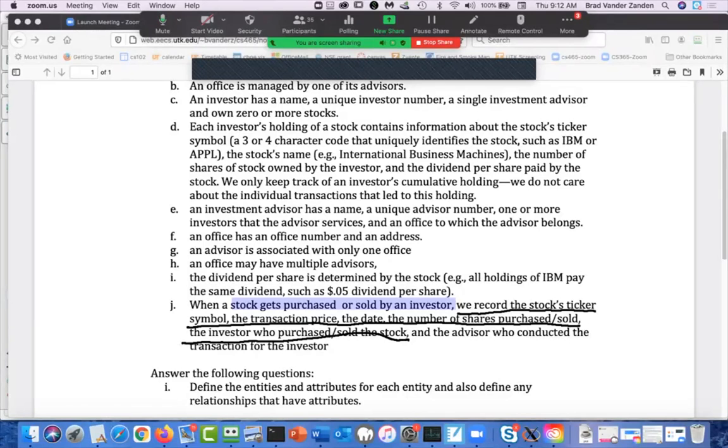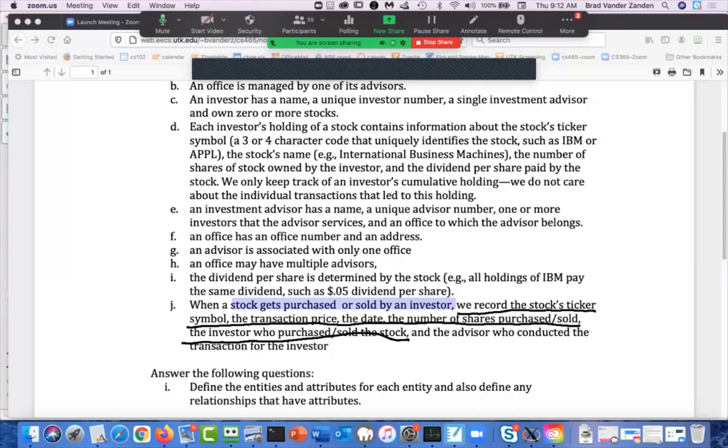So the stock's ticker symbol and the investor who purchased or sold the stock are essentially foreign keys. The transaction price, the date, and the number of shares purchased all are attributes of the relationship.